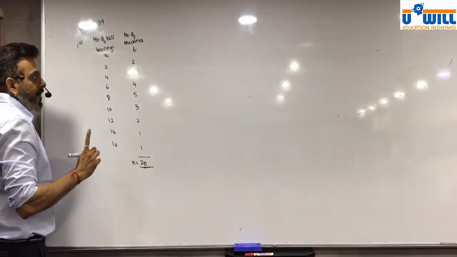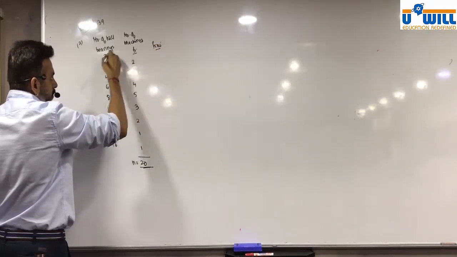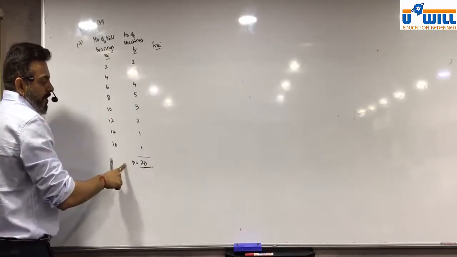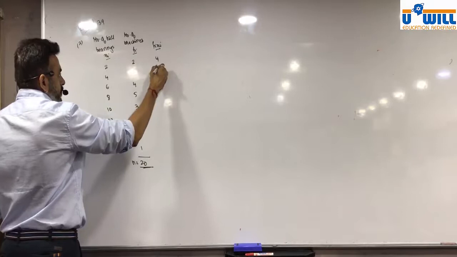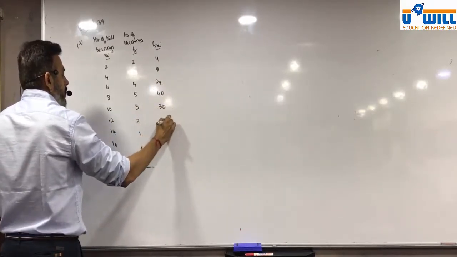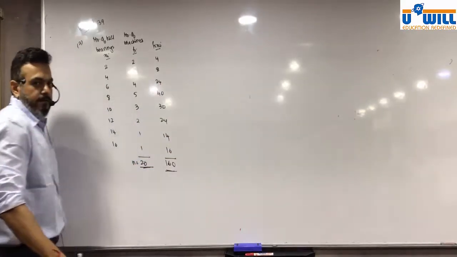We have to first find mean. So fi into xi. We can use the shortcut direct method because calculators are allowed and numbers are relatively small. Total 160.